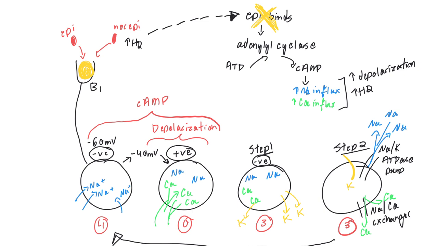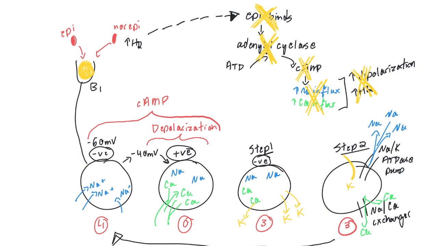Definitely not to as many receptors as it wants to bind to, which means we don't have the activation of the adenylyl cyclase enzyme, which means we don't have the creation of cyclic AMP, which means we don't have sodium and calcium influxing as fast as cyclic AMP wants it to, which means we don't have an increased depolarization, and we don't have an increased heart rate. That's how a beta blocker reduces the heart rate.